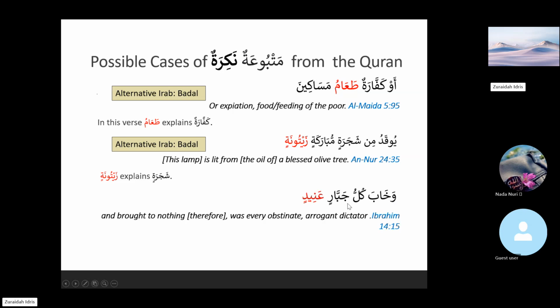Now, this is a difficult one to explain. Jabbarin anidin. First, we have to be familiar with the different types of words. If we look at Jabbarin, the verb is Jabbara, and this is what we call the sirah mubalaghah of that particular verb.